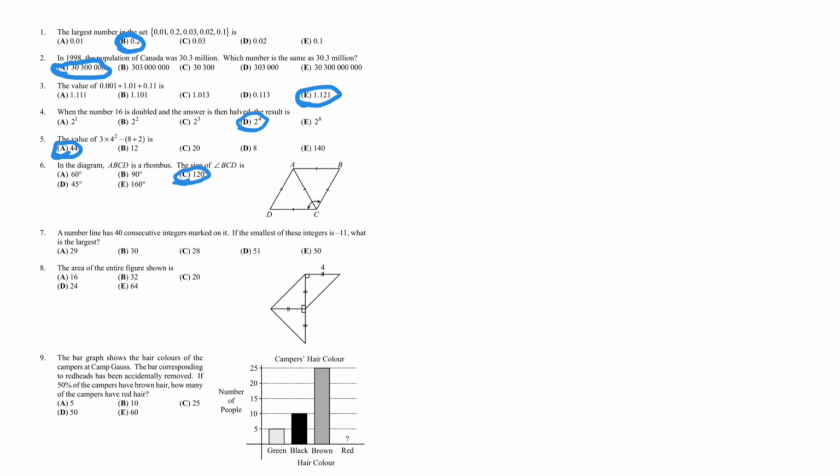Number 7. A number line has 40 consecutive integers marked on it. If the smallest of these integers is -11, what is the largest? So for the largest number, we use the arithmetic sequence general term: an equals a1 plus n minus 1 times the common difference.